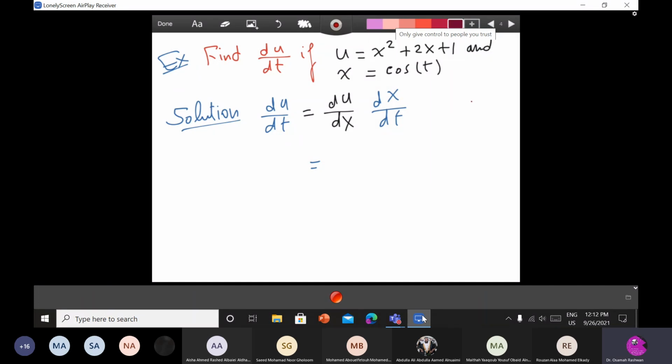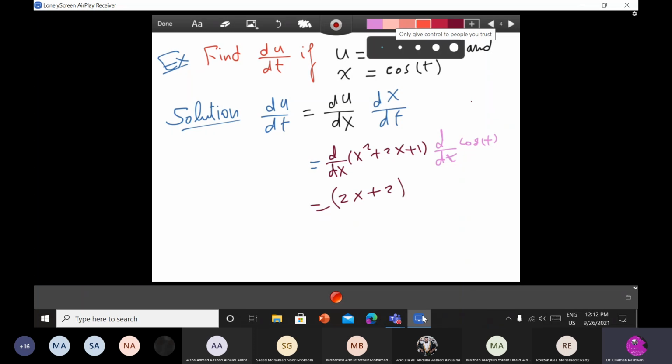du by dx. So it is d by dx for x squared plus 2x plus 1. This is u. Times dx by dt, d by dt for x. What's x? x is cosine t. Okay. Now, what is the derivative of x squared? 2x. What is the derivative of 2x? It is 2. What is the derivative of 1? 0. No need to write it down. Okay.